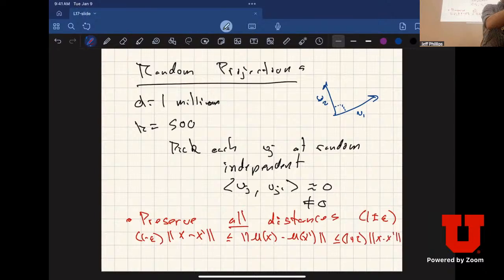Okay, so this is my k-dimensional space, right? And the distance is approximately preserved. And to get this to work, I need k equals roughly 1 over epsilon squared log n. It's probabilistic, so there's some probability of failure.